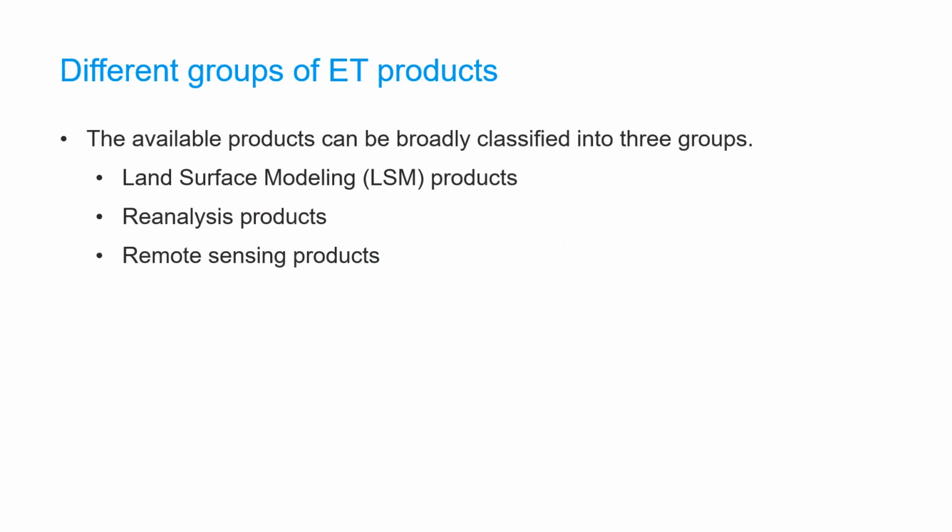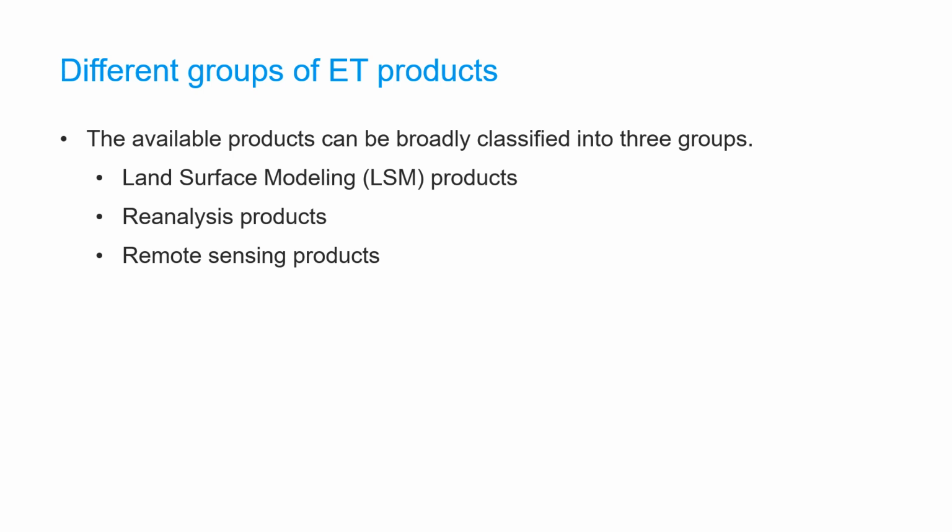In general, the ET products can be broadly classified into three groups based on the methodology. They are land surface modeling products, reanalysis products, and remote sensing based products. In the first two categories of land surface modeling and reanalysis, evapotranspiration is a byproduct of larger modeling scheme addressing entire Earth's fluxes.